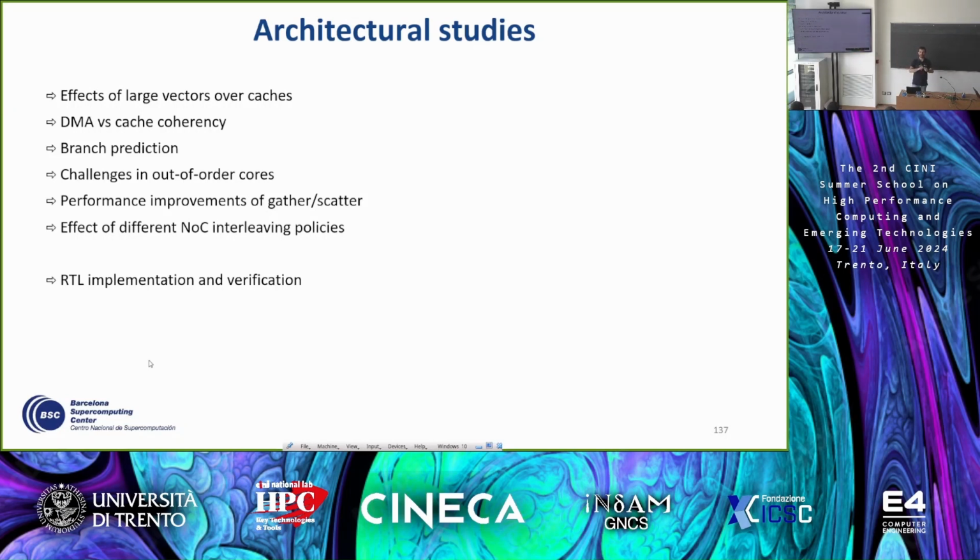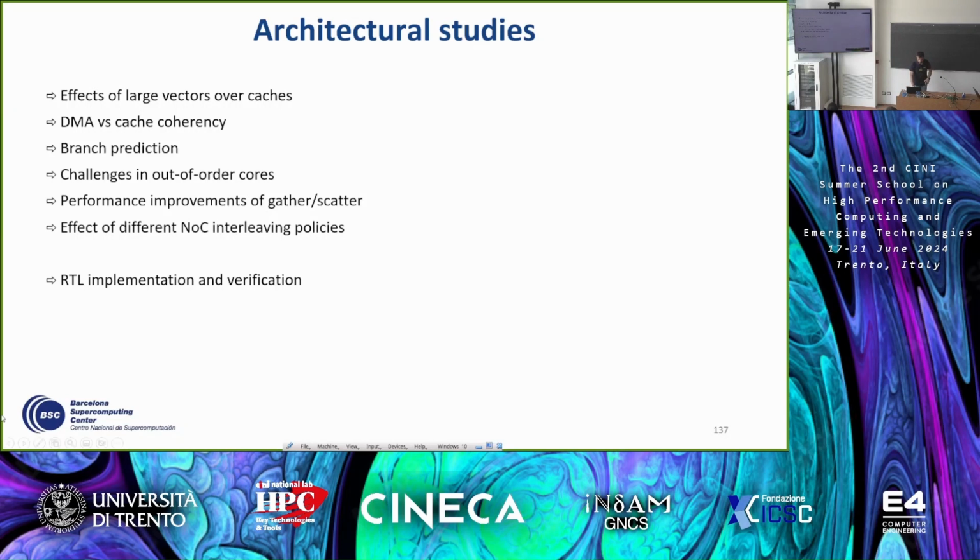Otherwise, every time that I have a vector instruction, I'm basically screwing my scalar code, right? Because my scalar core uses the caches to have the things there a little bit more at hand. And then I enter with my vector instruction and I wipe everything out. And my scalar core is saying, wow, okay, it misses for half an hour now, right? So these kind of things are interesting to study.